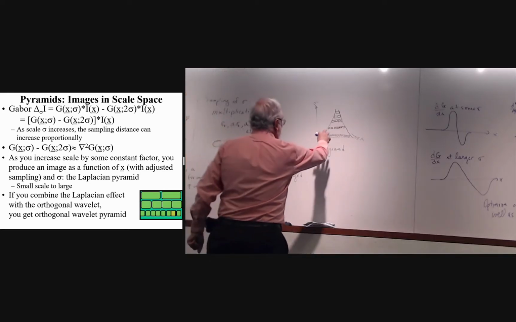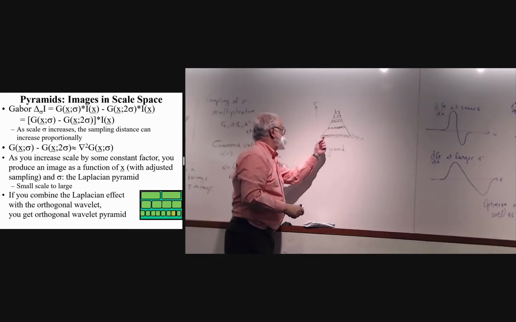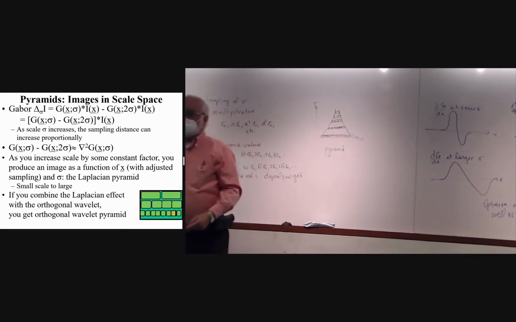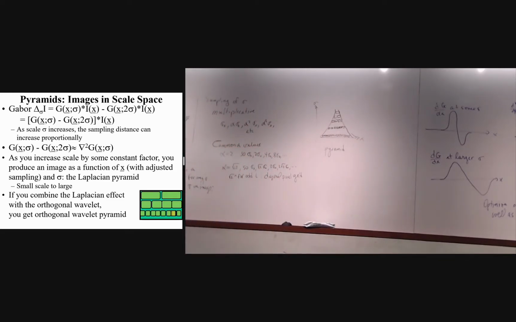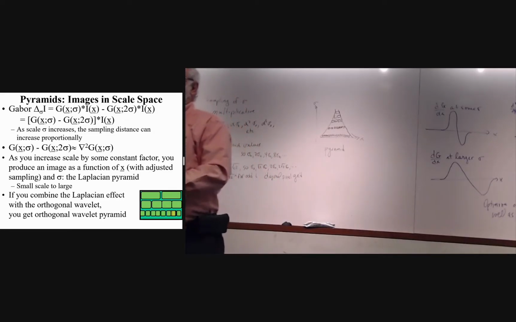And so then you'd get 8 for one more factor of sigma down, and 16 for one more factor of sigma down, and so on. So the point is the sampling needs to be proportional to the sigma at that particular scale.